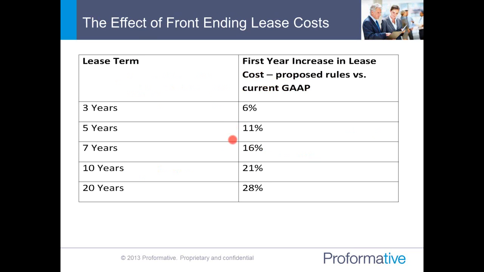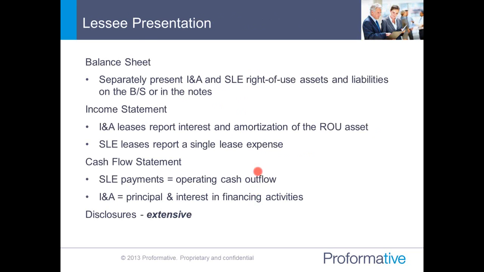And the longer the lease, the greater the front-ended impact, such that a 20-year lease would have 28% higher cost in the first year. So the lessee would present on the balance sheet the I&A leases and the SLE leases separately, but unfortunately the I&A leases are a commingling of operating leases and capital leases.